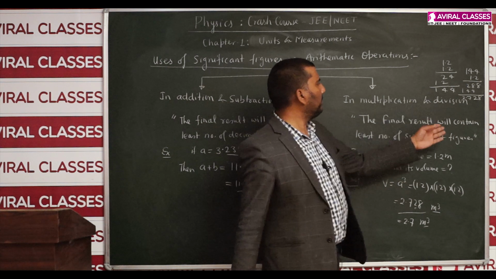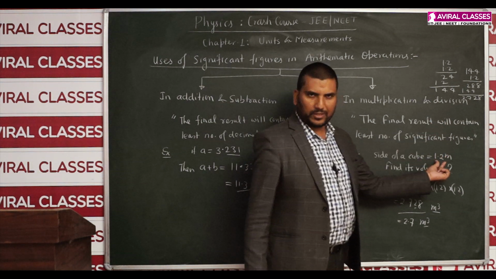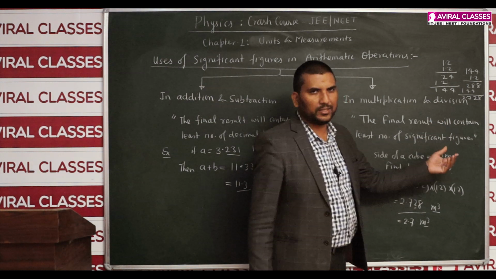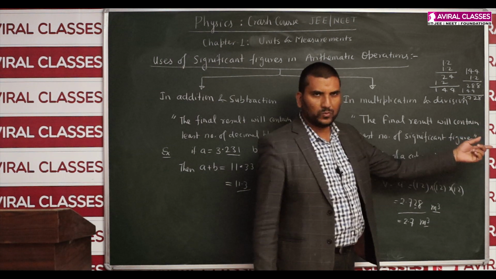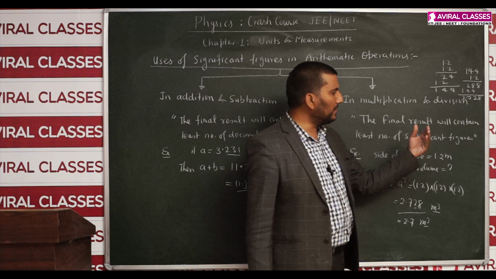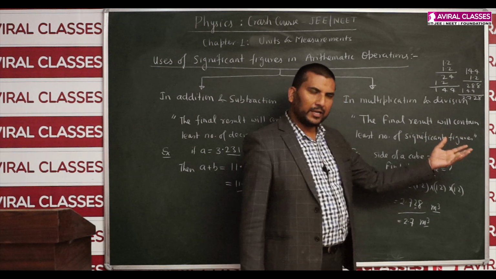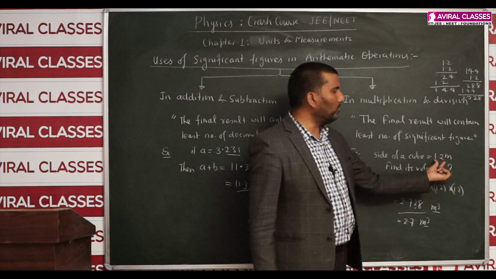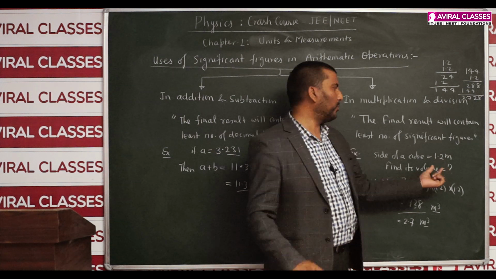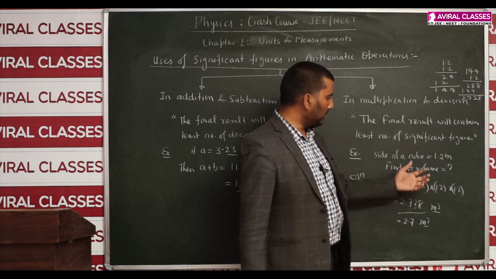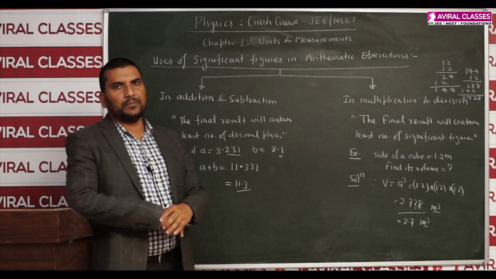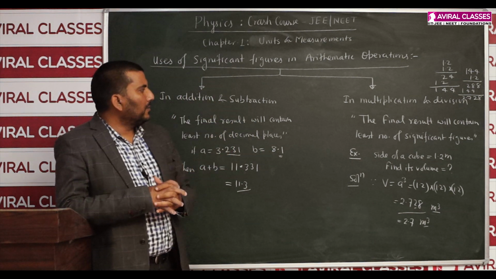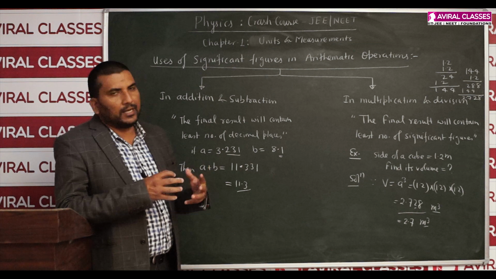Although in this example only one quantity was there, suppose there are 3 quantities: one is 1.2, another is 1.32, another is 1.7773. The answer will have only the least, that is 1.2, that is 2 digits. So you have to reduce it with the help of the rounding off concept to present the final answer.